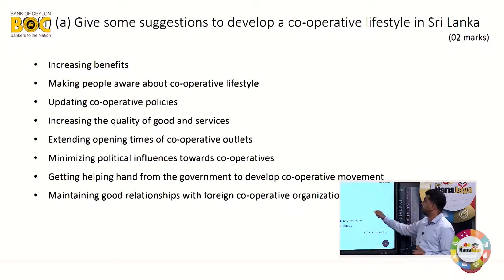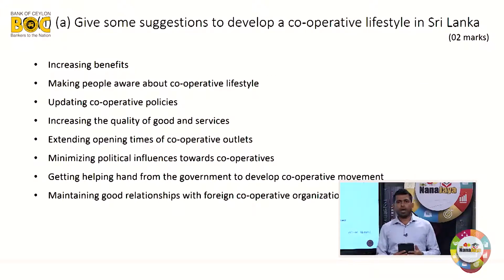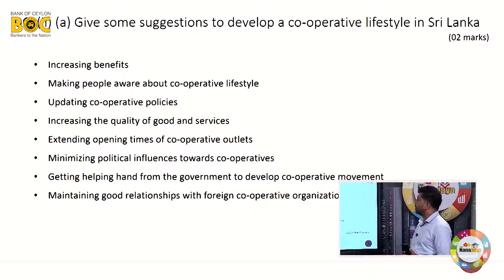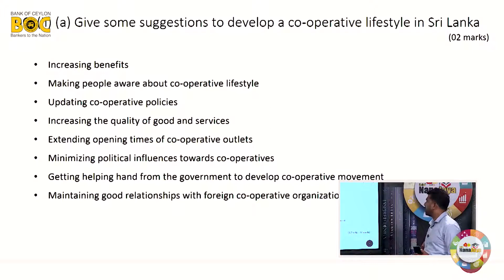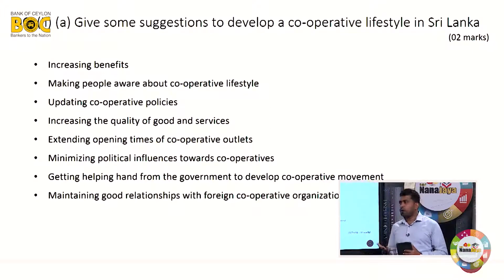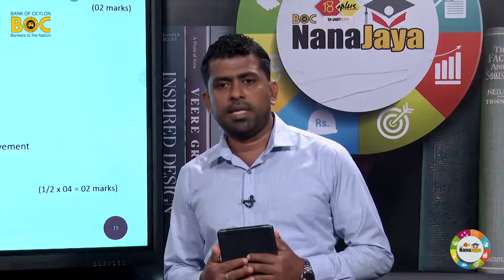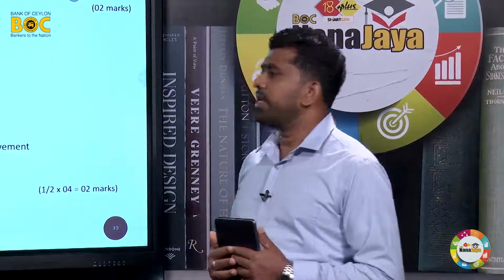Question number 6, Roman number 2. Give some suggestions to develop a cooperative lifestyle in Sri Lanka. 2 marks. This means how to popularize cooperative societies in Sri Lanka. Increase in benefits.